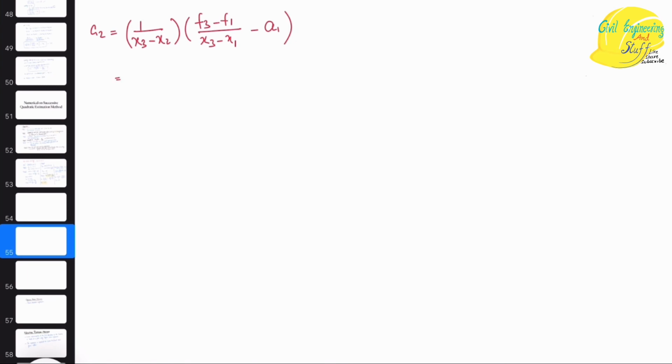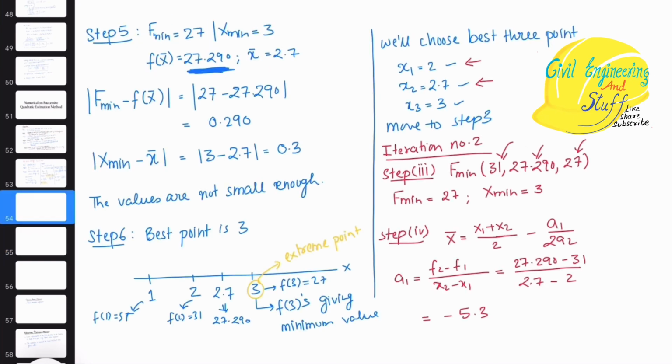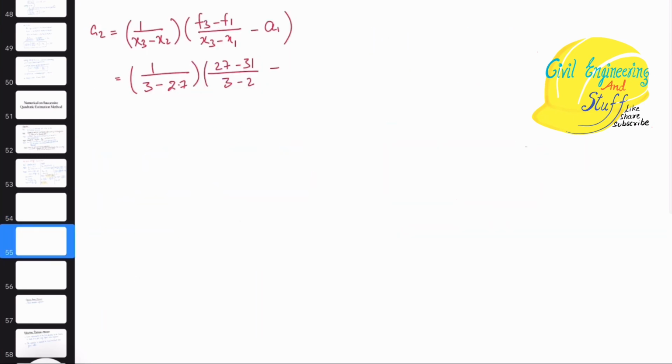Let's put the values. x3 is 3, x2 is 2.7, f3 is 27 minus f1 31, divided by 3 minus 2, minus a1 which is minus 5.3. Again, you have to be very careful while putting the sign. So this a2 will be equal to 4.33.